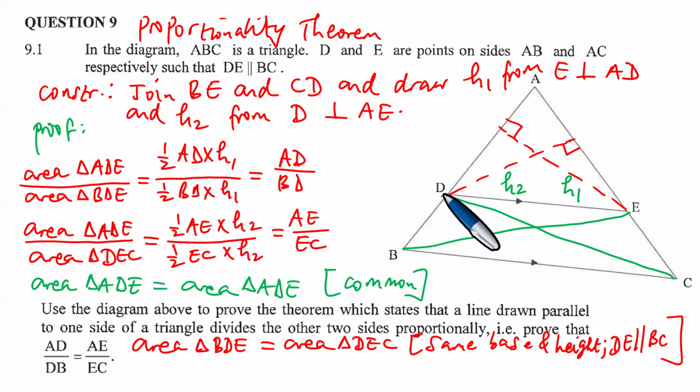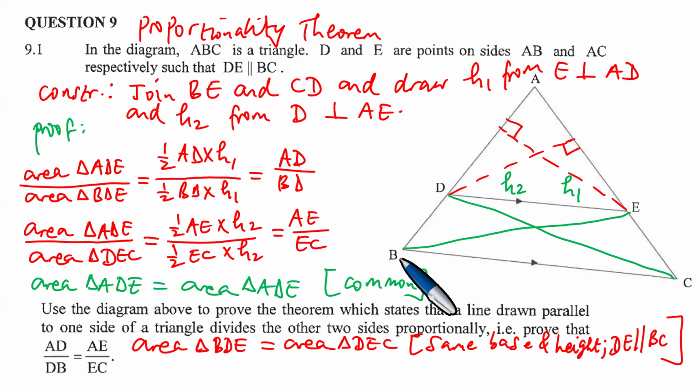For triangle BDE, you can choose the base DE. In the triangle CED, you can choose the base DE, so they have the same base, but also because they lie between the same parallel lines, they have the same height. Height is from the base to the highest point.